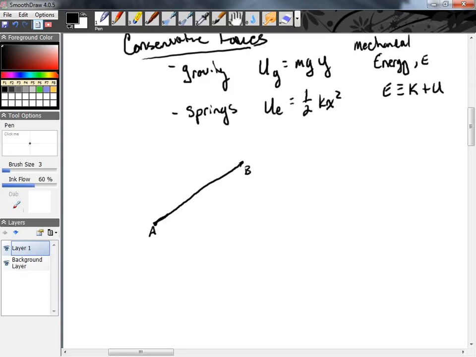And whatever the case is, if we're doing this with respect to gravity, then that would be our x direction, and we would have this as our y direction.